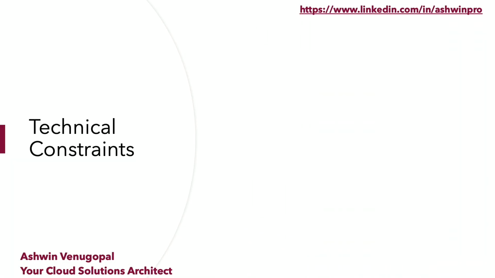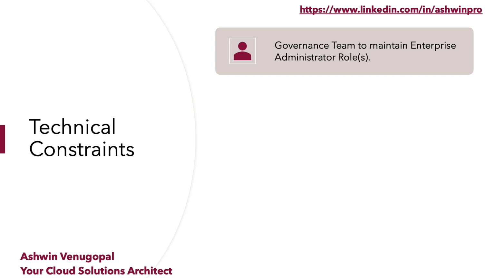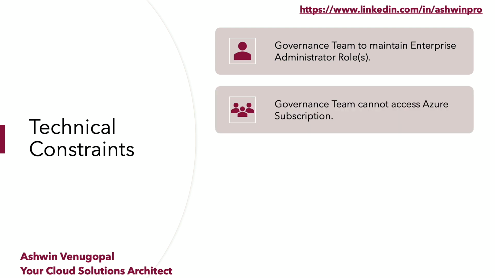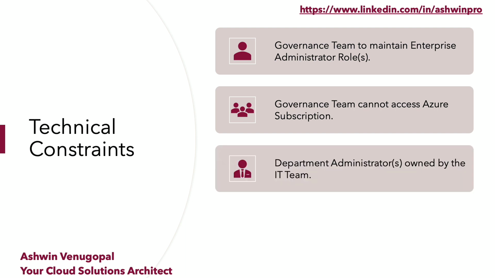Here we're going to be talking about the technical constraints that you understood in the assessment. The first thing is you are informed by the governance team that they need to maintain the enterprise administrator role. This is just an example; it could be any of the other things too. And it was informed that although they maintain the enterprise administrator role, the governance team should not be able to access the Azure subscription.